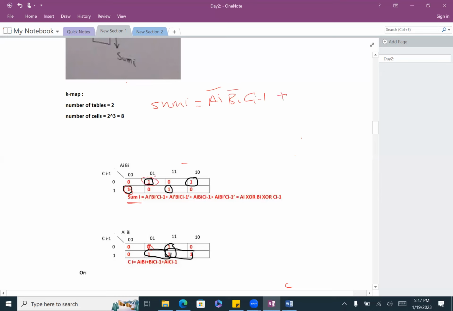What will we have? A of I bar, B of I, then C of I minus 1 bar, correct? Now let's take this one. Now both ones, so it's going to be A of I, B of I, then C of I minus 1, all of them ones. Then the last one is going to be A of I, B of I bar, and C of I minus 1 bar, correct? So that's how the equation is going to look. All right. Okay, so that's what we did here.